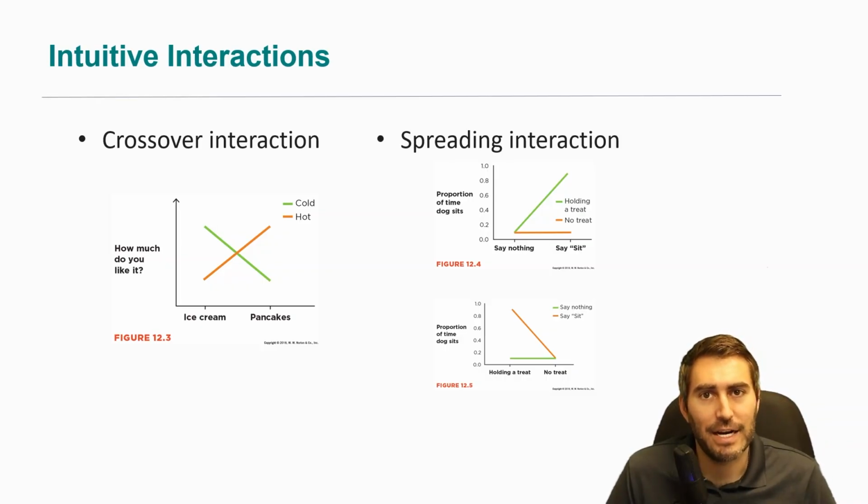On the right-hand side of the screen, we see another example of an interaction effect. Here we're looking at the two independent variables of either saying sit or not saying anything, and having a treat or not having a treat, and their effect on the dependent variable of the chance a dog will actually sit.